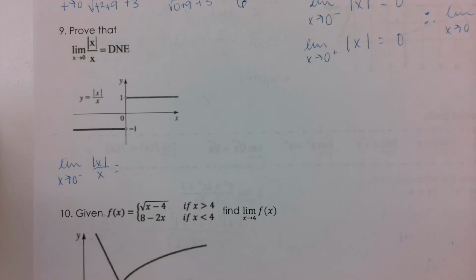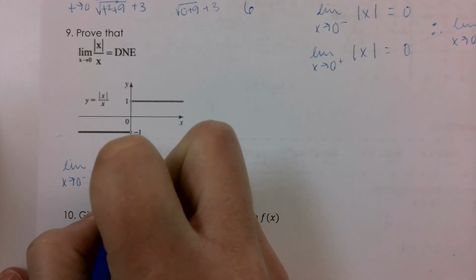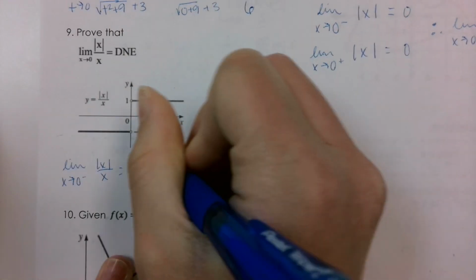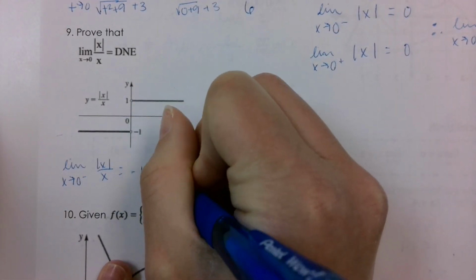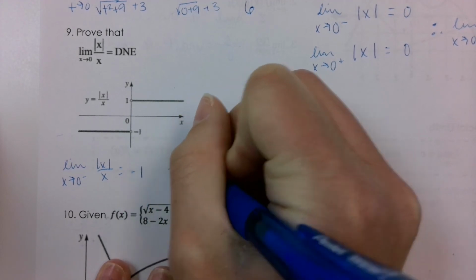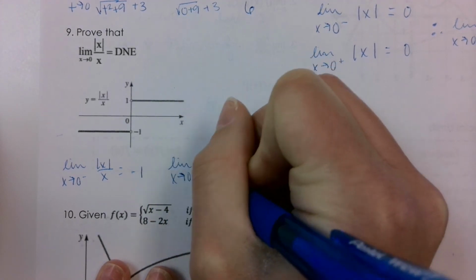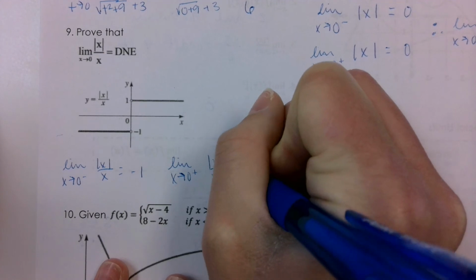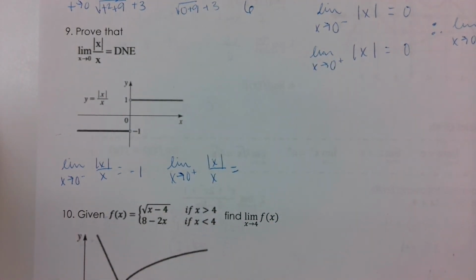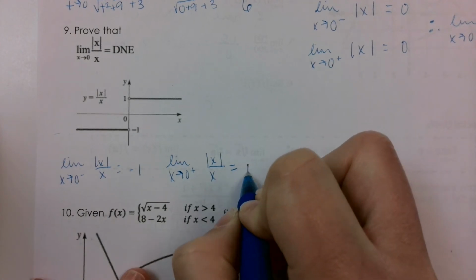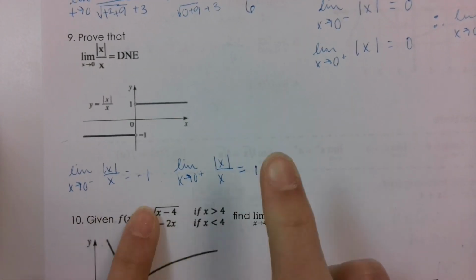Yes, no, maybe? So then the limit as x approaches 0 from the right, what is that? +1. And are these two things the same?